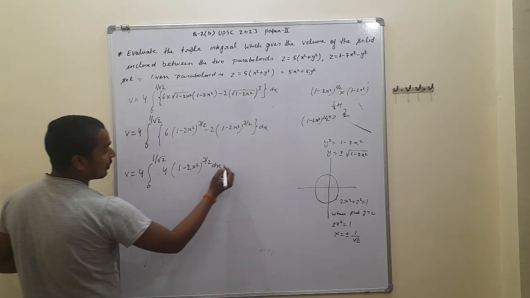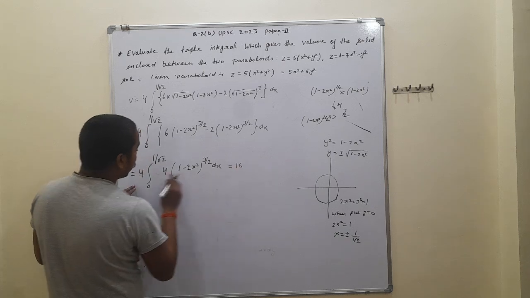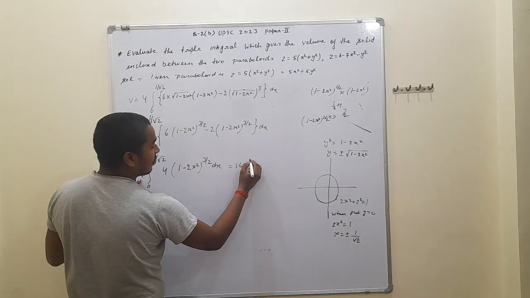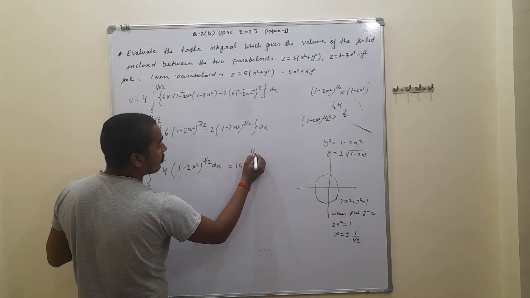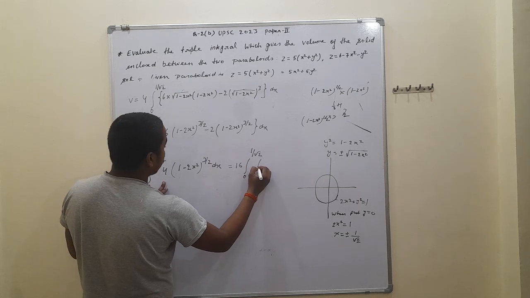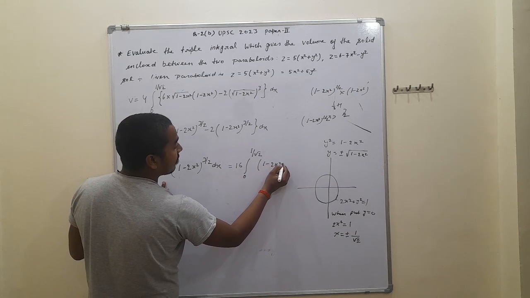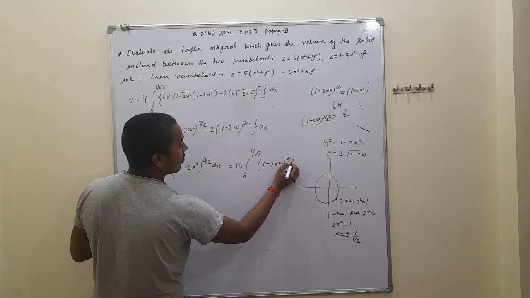From here we can also write, that is 4 taking common, that is 16, and 0 to 1 upon root 2, and here is 1 minus 2x square to the power 3 by 2.